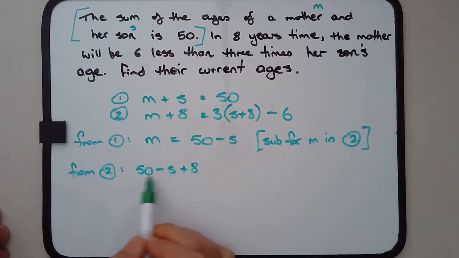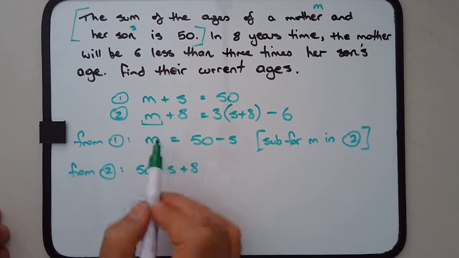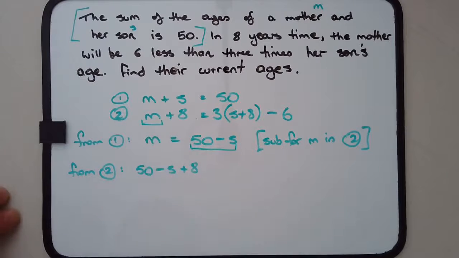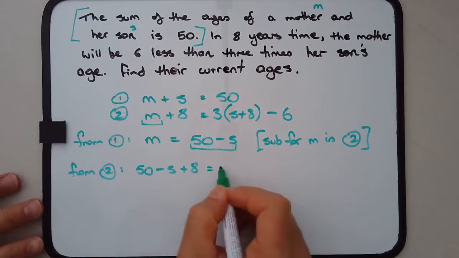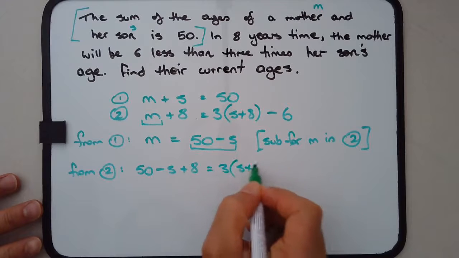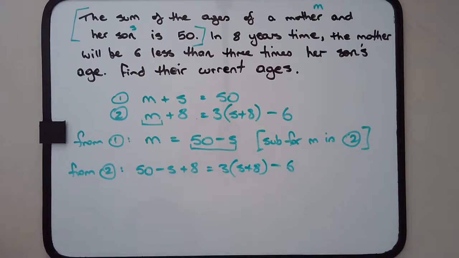So 50 minus S is the same as M. Is equal to 3 outside of S plus 8 minus 6. Now we have one equation in one type of pronumeral, the S. There's no M anymore. That is solvable to one solution, hopefully one valid solution from that.